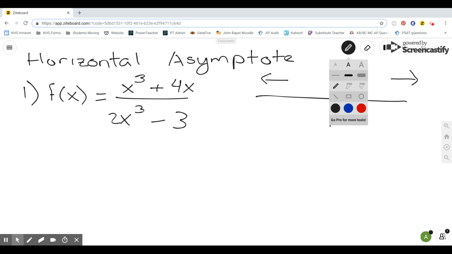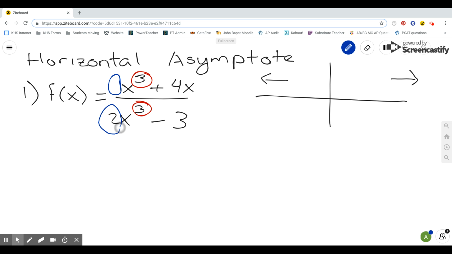What you want to look for is the degree of the leading terms in the numerator and the denominator. So our leading terms, x cubed and x cubed. If they are the same degree, then you take the coefficients out front, and that is your horizontal asymptote. Remember, there's a secret 1 out front there. So your horizontal asymptote in this case is y equals 1/2.